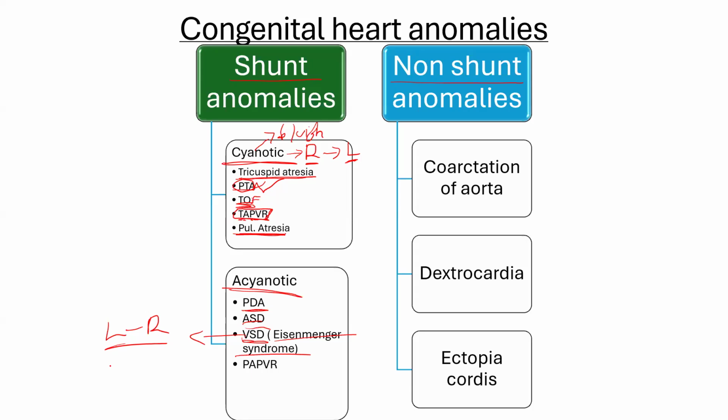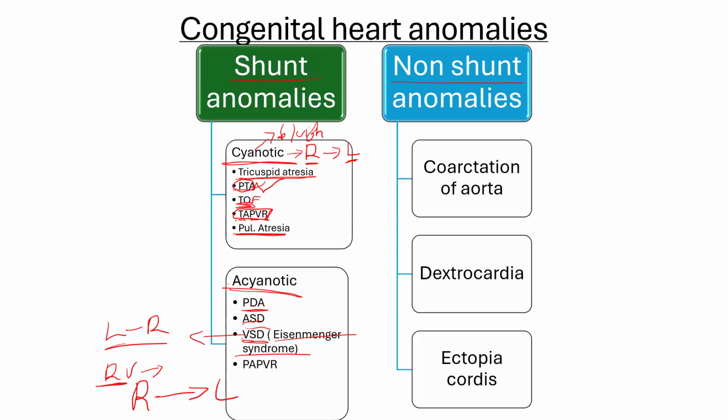Eventually, the right ventricle might generate more pressure than the left. Then blood will move from right to left, causing shunt reversal. So initially it is acyanotic, but with time it might become cyanotic. That shunt reversal is what is referred to as Eisenmenger syndrome.